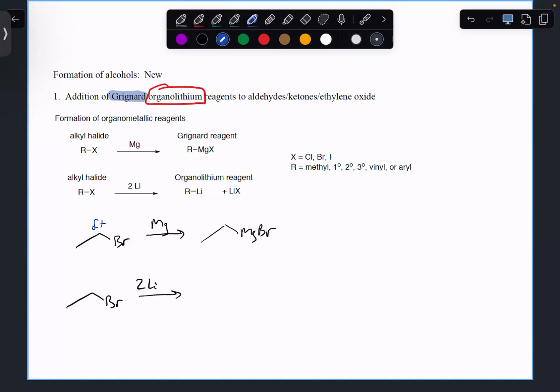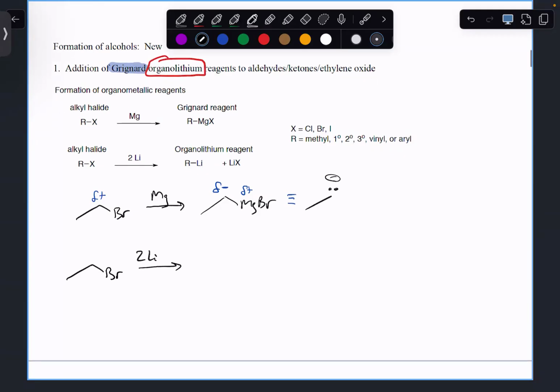However, when the magnesium adds in, remember, metals are very, very electropositive. Because that is such a positive species attached to the carbon, that now reverses the polarity of the carbon and makes it very, very delta negative. In fact, it becomes so delta negative, we very commonly will just treat it as a carbanion because that is how it behaves. And you can do this with lithium as well.